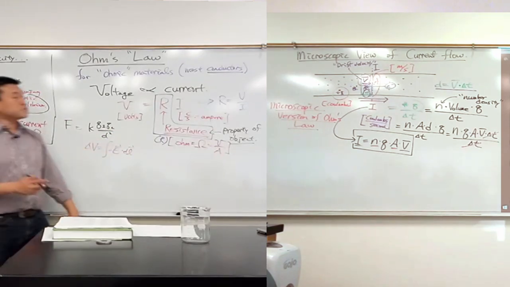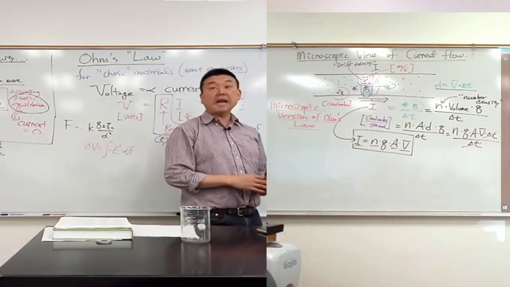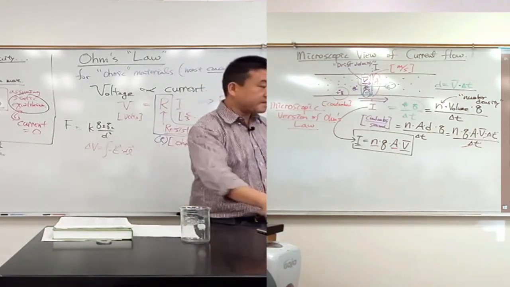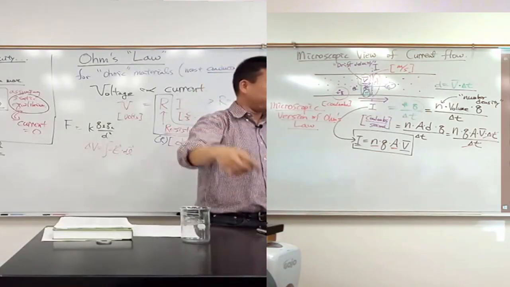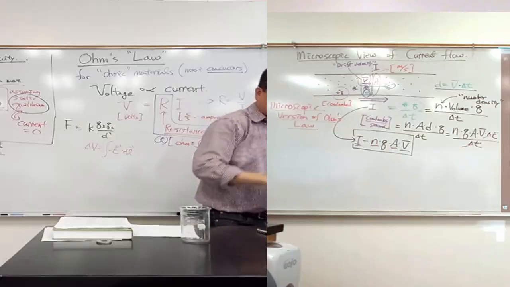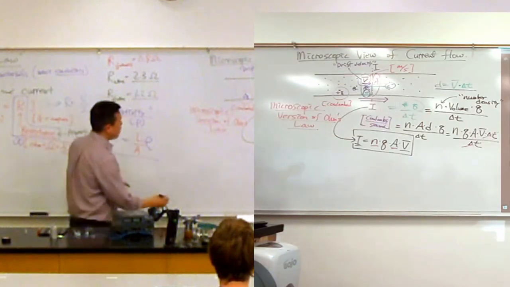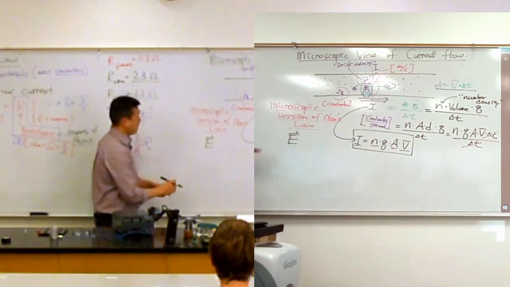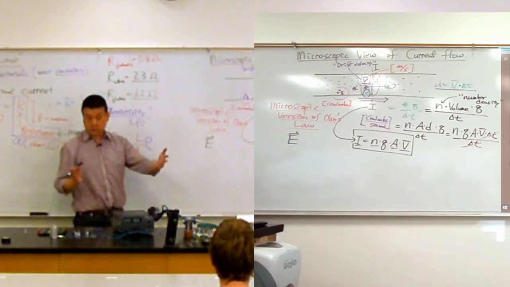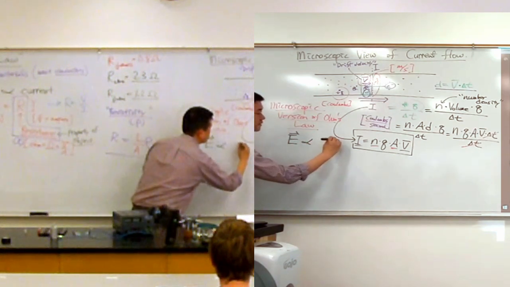The microscopic version of Ohm's law tells you how much electric field there is inside a conductor like this when you set up a situation for current to flow. It says the amount of electric field that you apply inside a conductor is proportional to what's called current density.